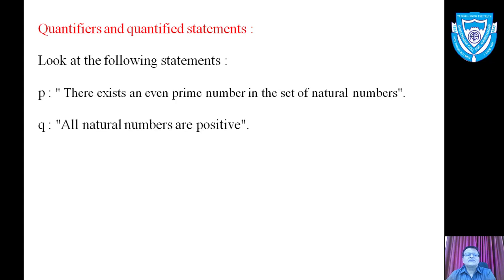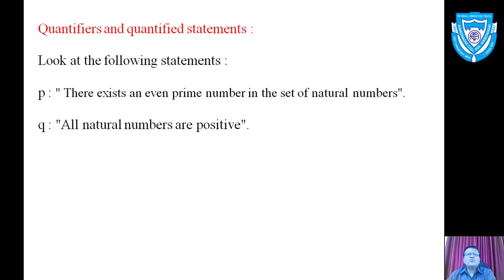Now the next article is quantifiers and quantified statements. I will just introduce what these quantifiers are. Many times while speaking we use the words for all, some, there exist, there does not exist.